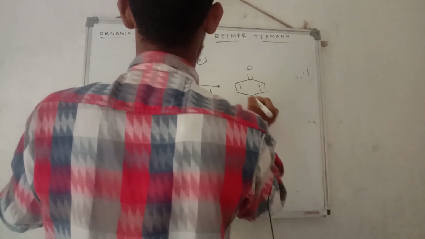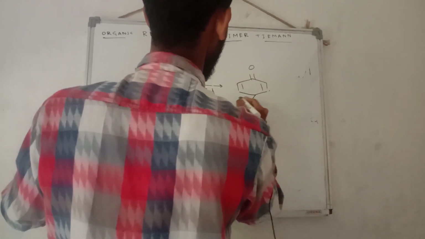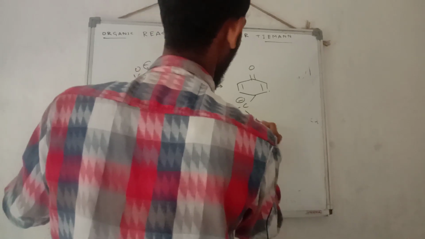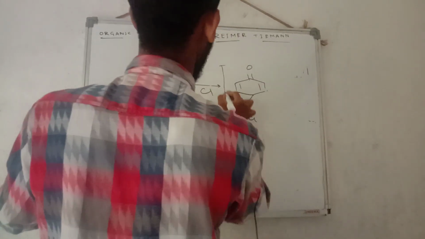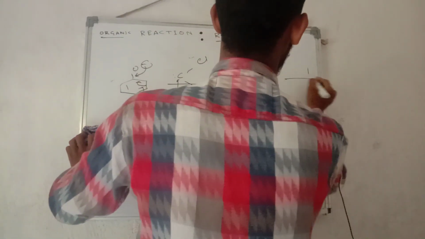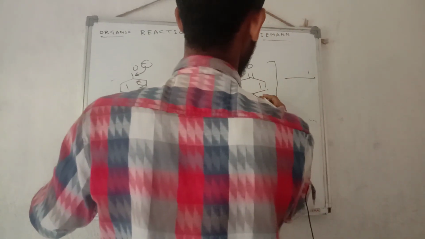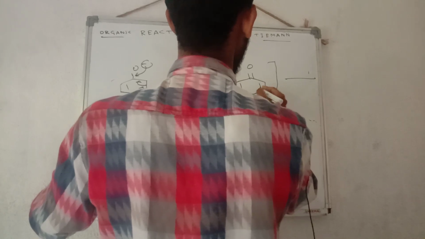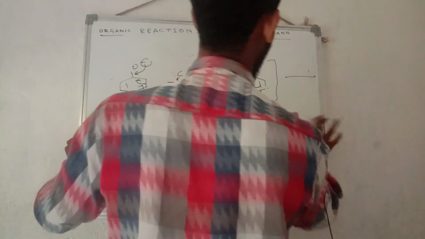Similarly, this carbon will get a negative charge. This system is unstable because the system lost its aromaticity, and hence to regain the aromaticity, this hydrogen will fall off here and the system will get aromaticity.